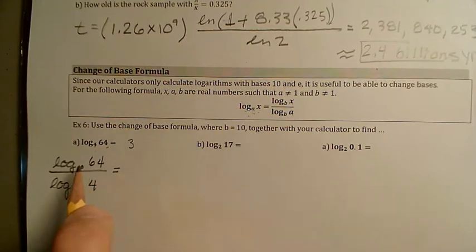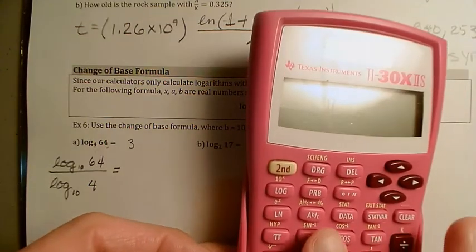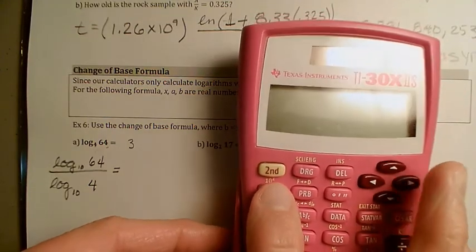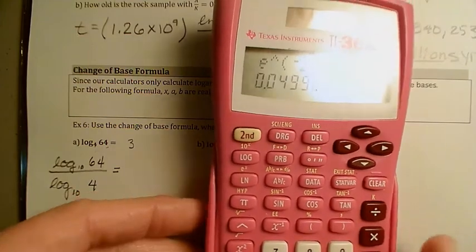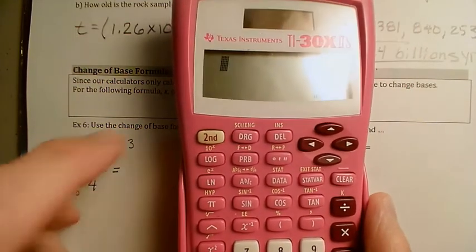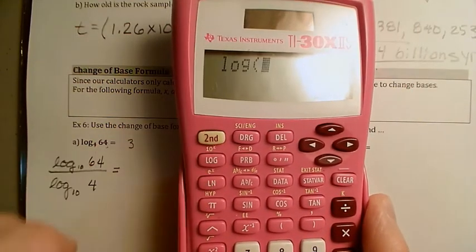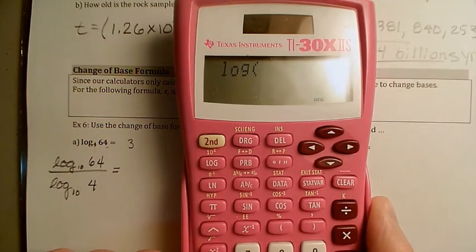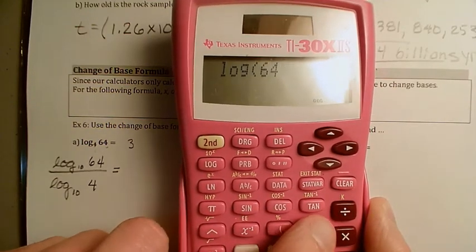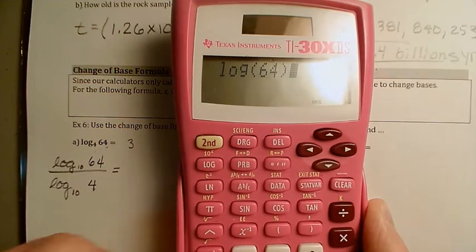Okay, so this is something we would just simply do in our calculators. So let's see how we would do that. This time we're going to do common log. Oh, I need to turn on my calculator here and clear it. So log, and then 64. I need to close that parentheses, closing the argument on that log.